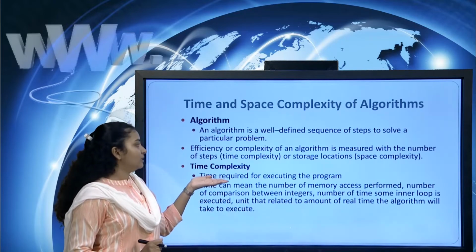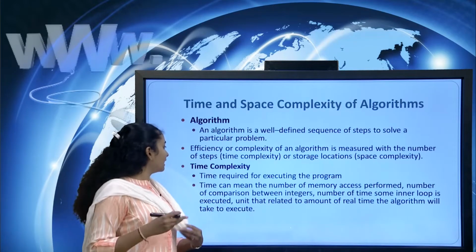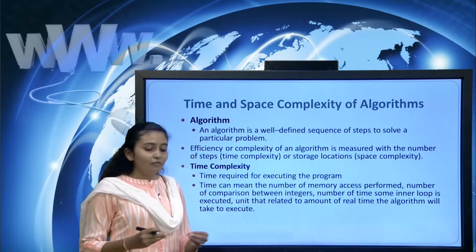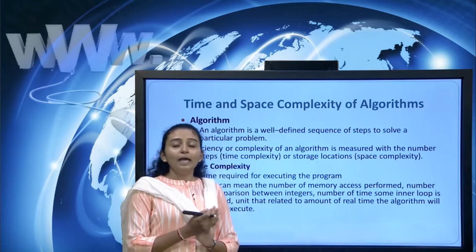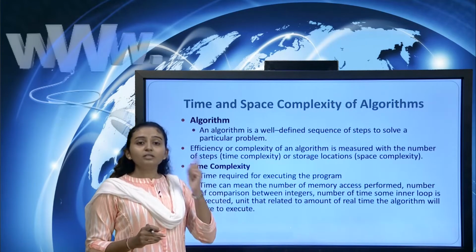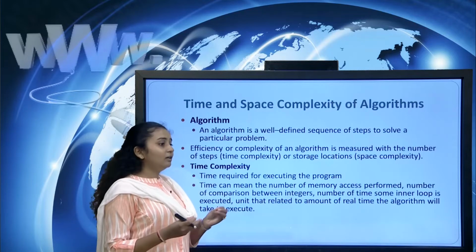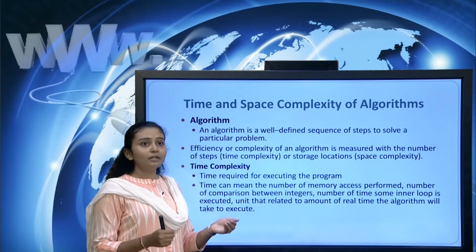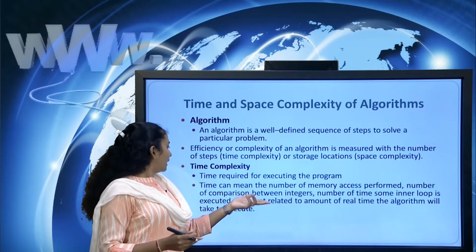Time complexity is the time required for executing a particular program. When we are designing any application or program, we must keep in mind that it should take less time while executing. It must take less time for execution of the program.